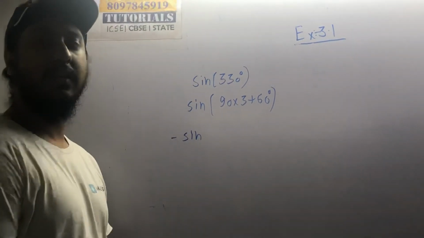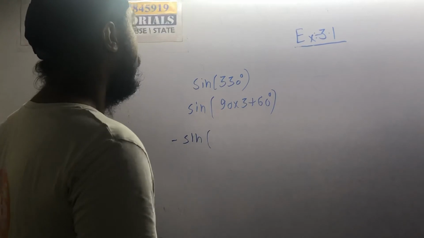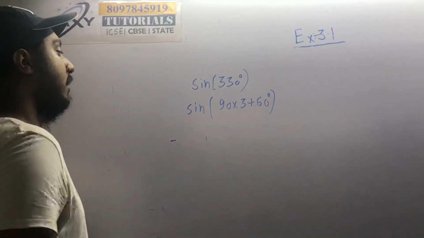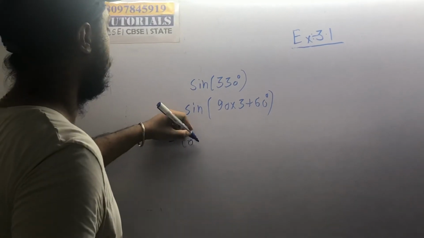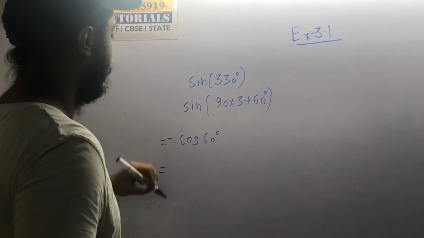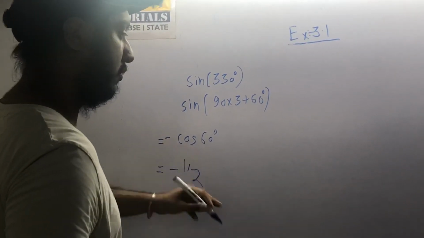Multiple is 3. 3 is even or odd? 3 is odd. So this was sine, so it will get converted to cos because 3 is odd, and the remaining angle is 60 degrees. So minus cos 60, which is -1/2. See, same answer came.